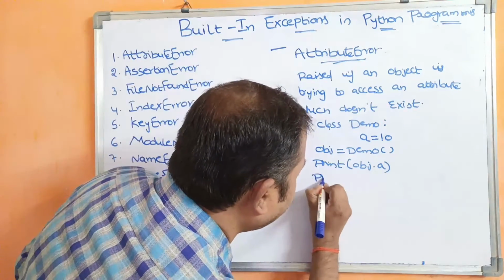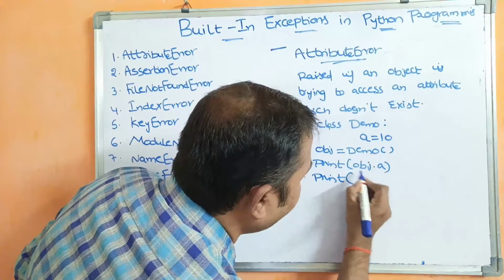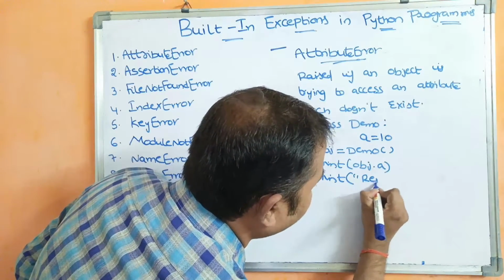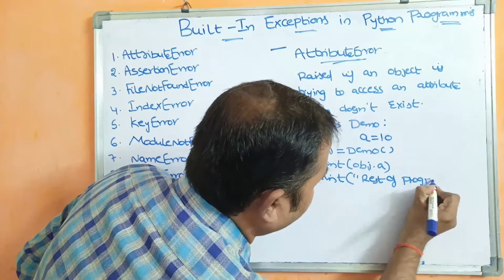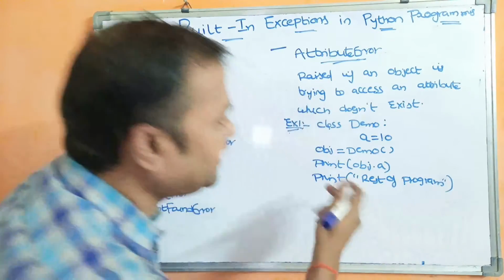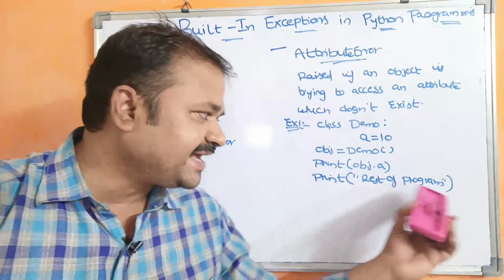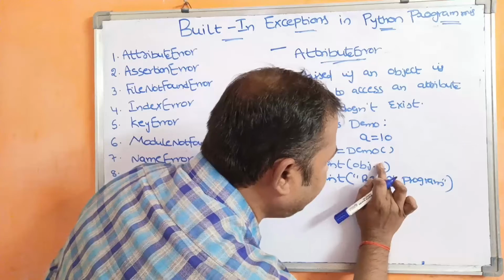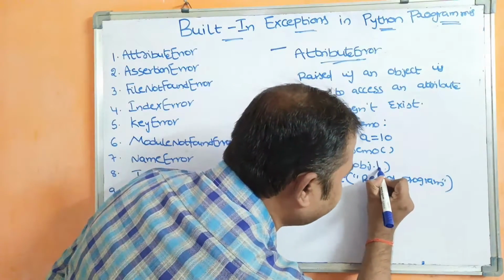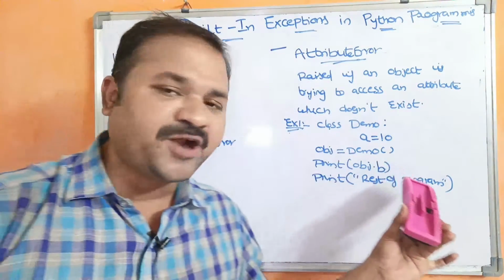Let us write one more statement. Print of, within double quotations, rest of the program. So we will get output as 10, and in the next line, rest of the program will get printed. Instead of a, let us assume that we accessed b. So print of obj.b.